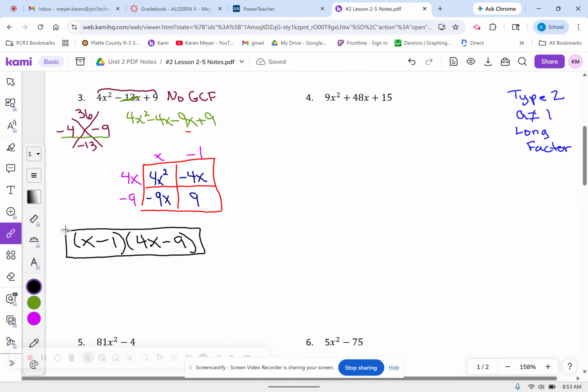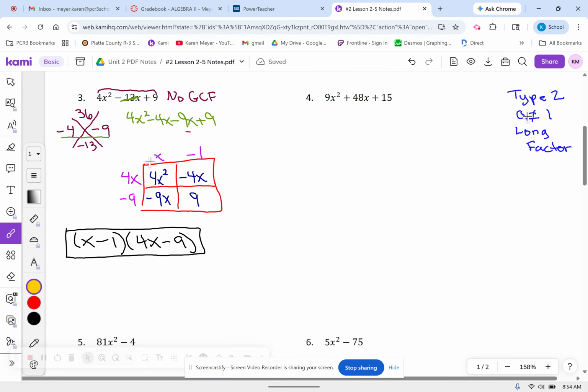Okay, some little tidbits of information to pass along to you. You will always have x's around the first box, and the x's have to be positive.